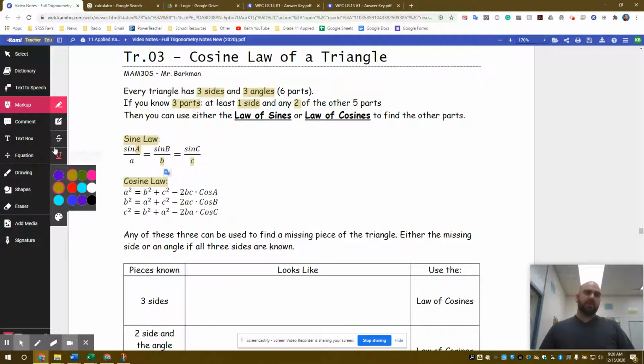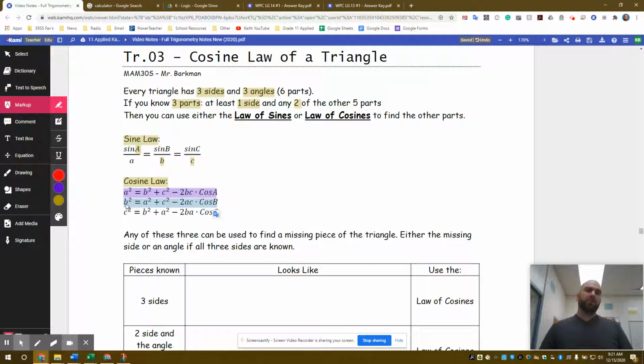I'm just going to highlight our three here. This is the first one: a squared is equal to b squared plus c squared minus 2bc times cos A. The second one is very similar; we just switch around some of the letters.